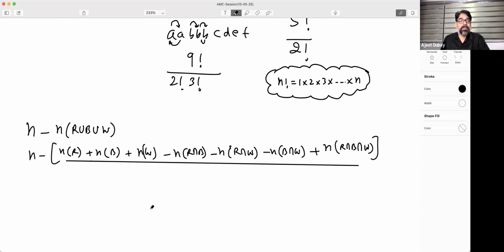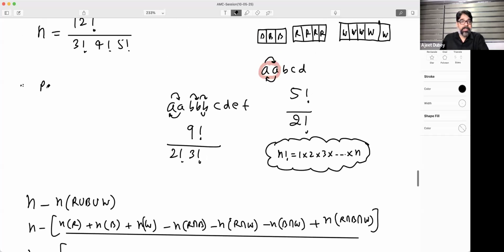Correct. Think carefully. N value we already know, I'm not putting it. R together, can anybody tell me? Suppose you have B, R, W, 5 times. How many ways can we arrange them so that the R is always together?